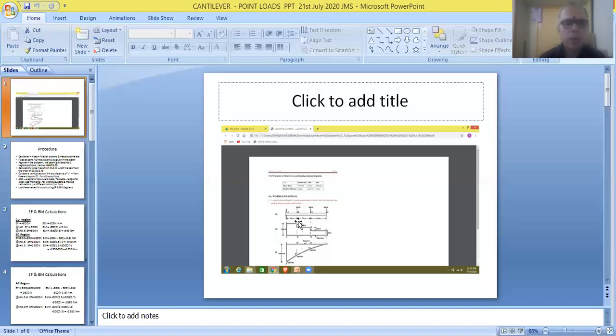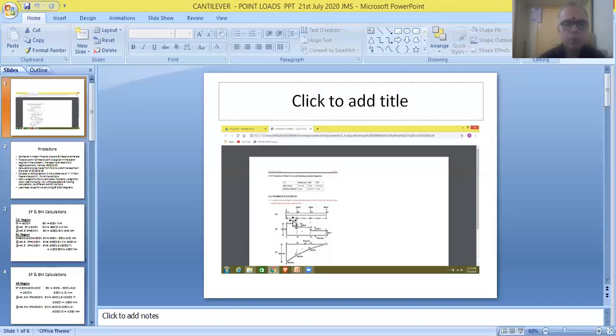And this cantilever is fixed at the left hand side of the beam. This is shown by hatched lines. That's the way of indicating the fixed point of the beam.